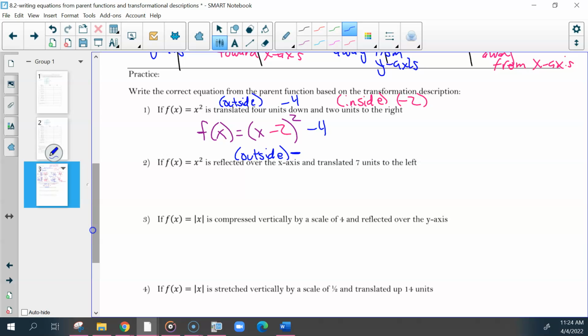Translated 7 units to the left, inside or outside? Inside because it's horizontal. Seven units to the left, how would we write that? Plus 7.